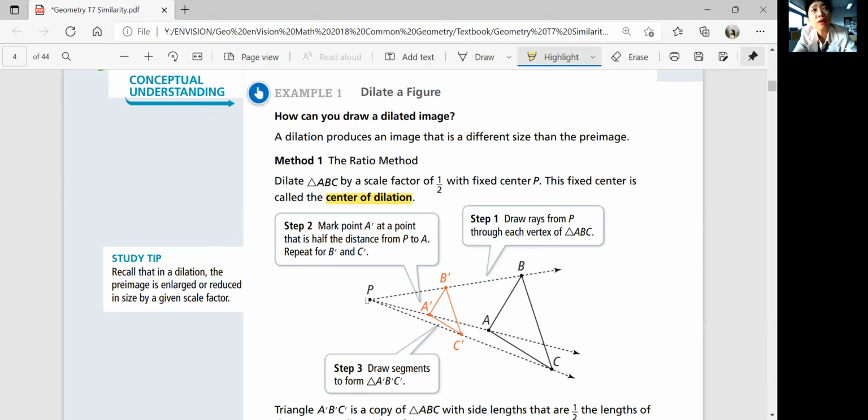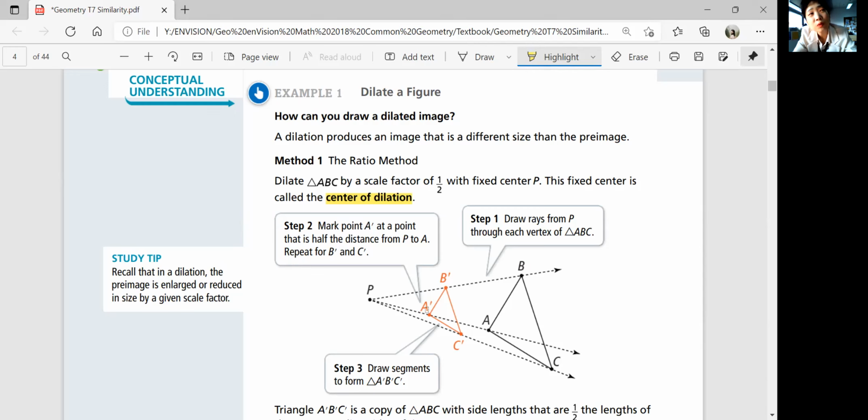So step 1, from point P, you're going to draw rays from P through each vertex A, B, and C. Okay, that's your first step. And then you're going to mark point A prime where it's half the distance from P to A, because we're dilating the figure by 1/2. So if we pick any point P and then draw a ray through point A, that distance needs to be cut in half.